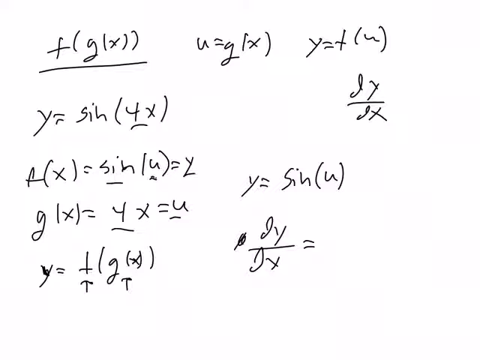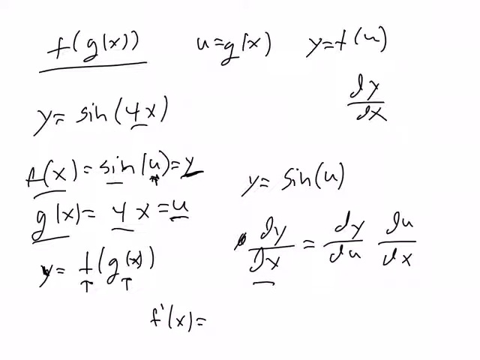So dy/dx is going to be dy over du, right? So it's the change in y over the change in u, but then u, if we want to find it in terms of x, we're going to have to take du in terms of dx.